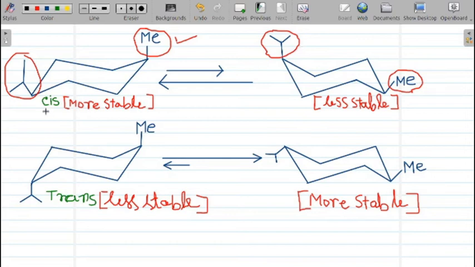So in the case of the cis conformer, this is the most stable conformer, because in the other case, where the 2 degree carbon is present at the axial position, it is less stable due to the presence of the 1,3-diaxial interaction between this group and these hydrogens.